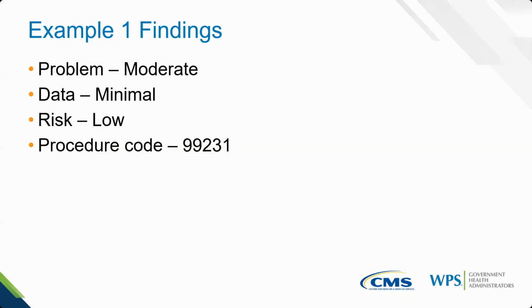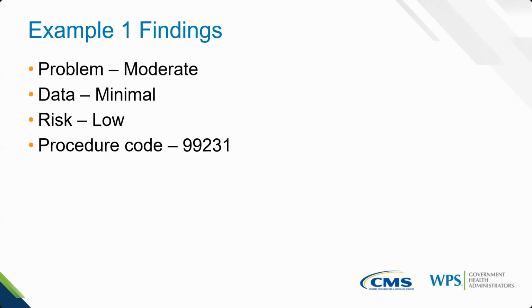Now, in looking at this patient's condition, if the physician or practitioner had documented the risk to that patient from what we're deciding on doing today, and that risk indicated something higher, I think the rest of the documentation would have supported that.